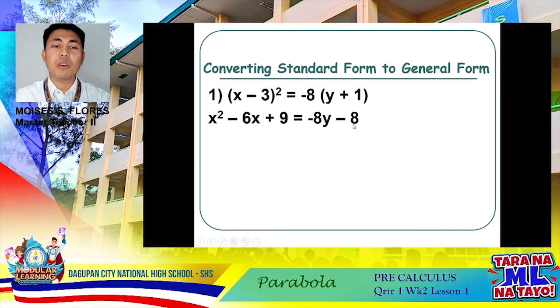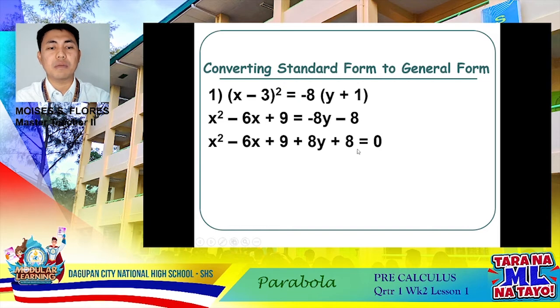Of course, we're going to transform this to general form. If it's general form, it is always equated to 0. So we're going to transpose negative 8y and negative 8 to the other side. Once we apply transposition, they change their signs and it is equated to 0. After that, we combine like terms.